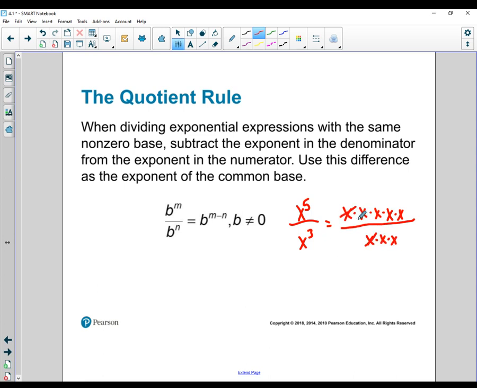And so you're going to have 3 x's in the top cancel with 3 x's in the bottom, and you're left with x squared divided by 1, or just x squared. And so m is 5 minus 3, which is 2. I just like to think, instead of thinking subtraction, I always just think how many are going to cancel.